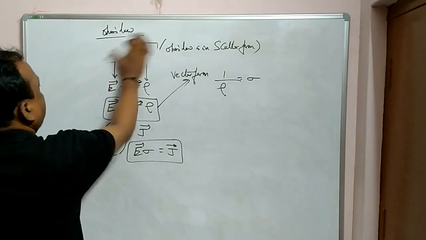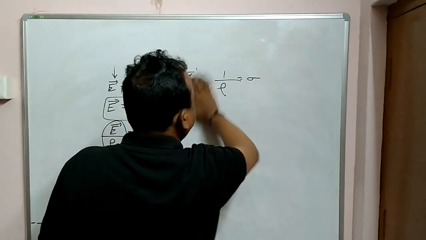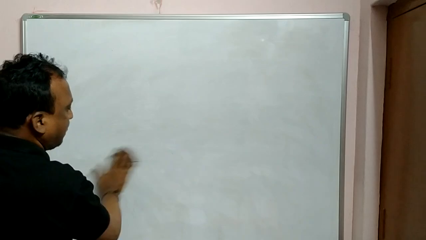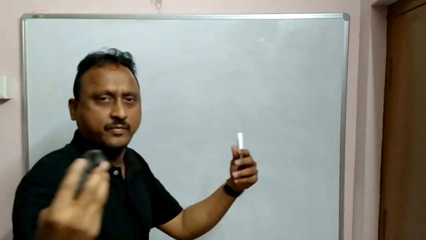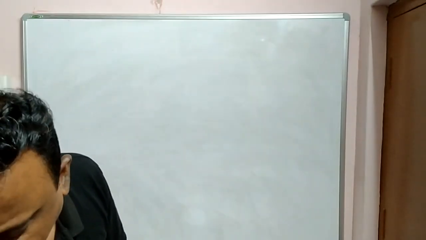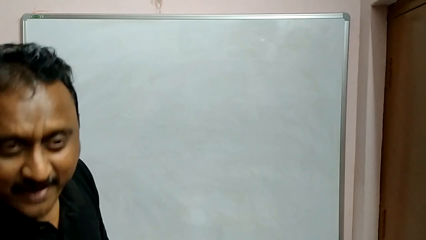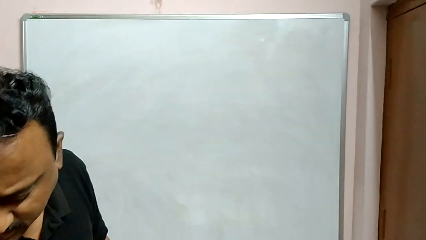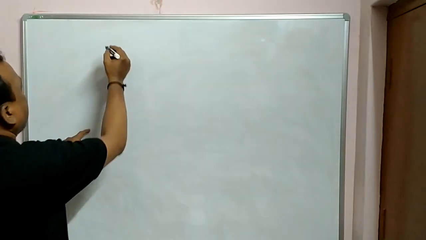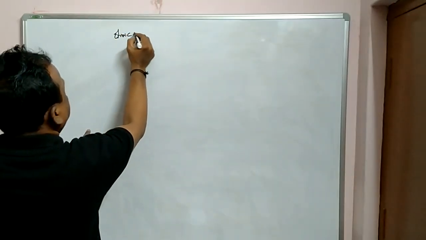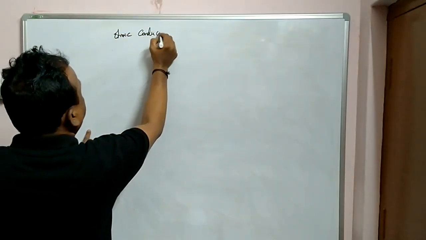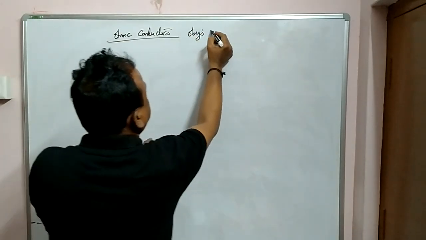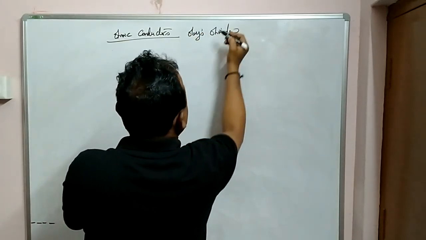Right. Now, I told you, what are ohmic conductors? Those metals or conductors that obey Ohm's law are ohmic. Those that don't obey Ohm's law are non-ohmic. Understood? So any metal which follows Ohm's law, that is V proportional to I, a straight line passing through the origin, all those are ohmic conductors which obey Ohm's law.